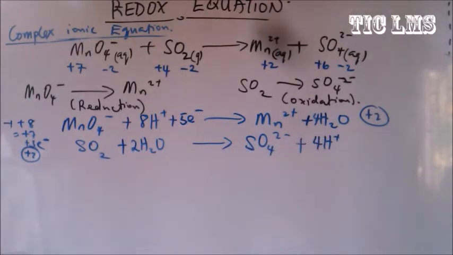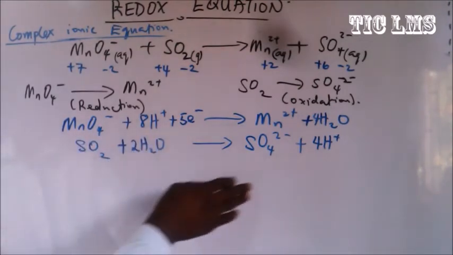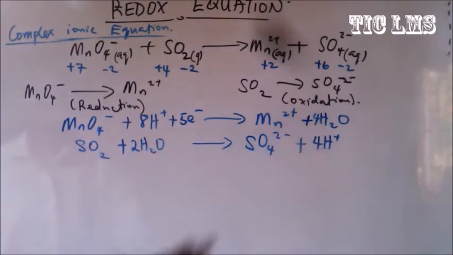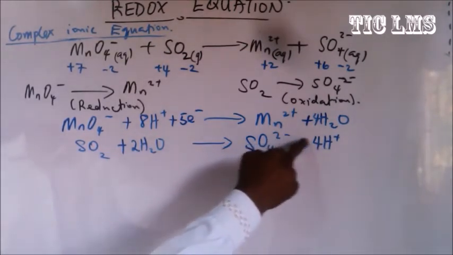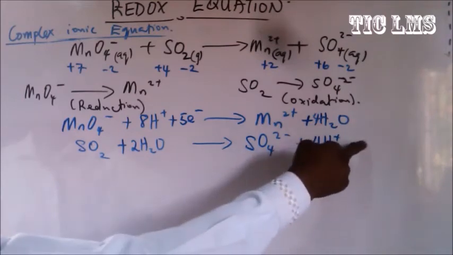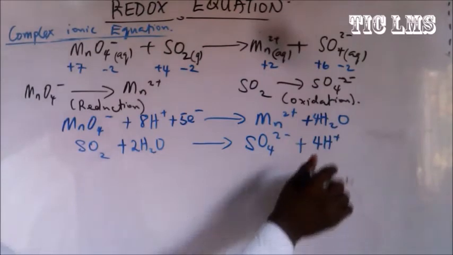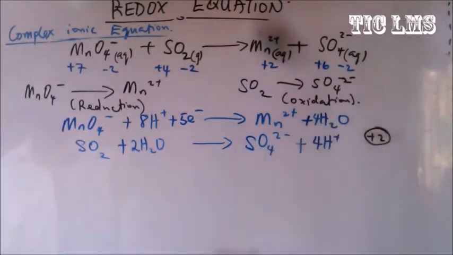Next, we need to balance the electrons. To balance the electron on this equation 2, we need to look closely at it. We don't have any ion over here. We have ion here and here. So for here we have 2 minus and 4 plus. And this gives us a resultant of minus 2 plus 4, and that is plus 2. So we have plus 2 here.